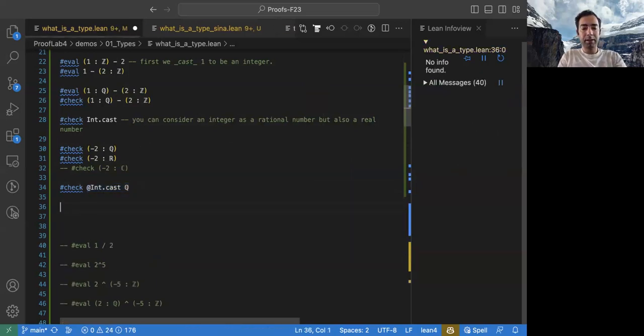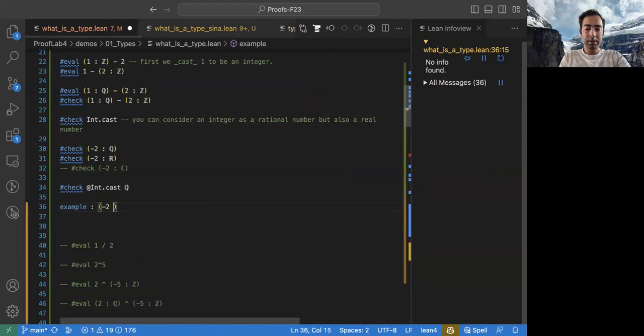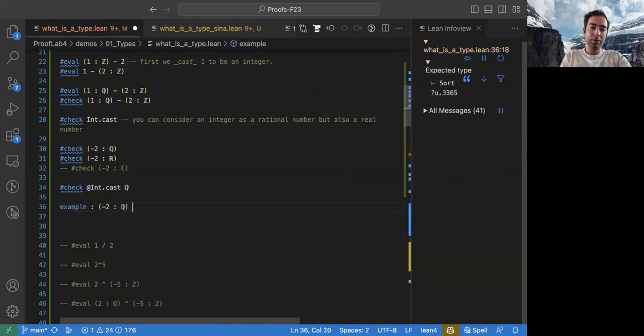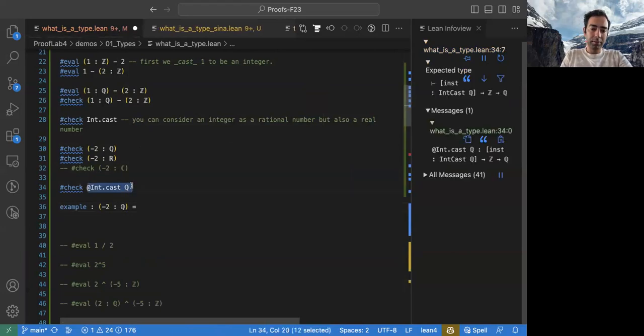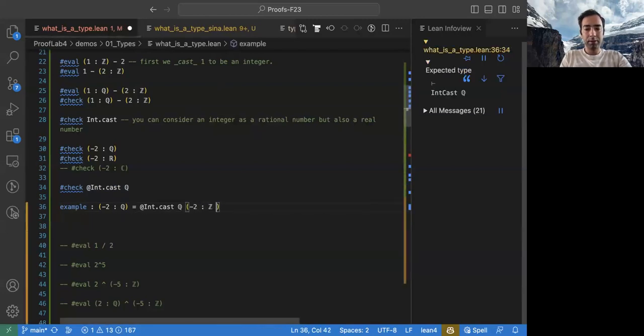So here's a proof of that essentially. I'm saying if I cast -2 as an integer, that is going to be equal to the result of applying the function here to -2 as an integer. And now let's give a proof of this.